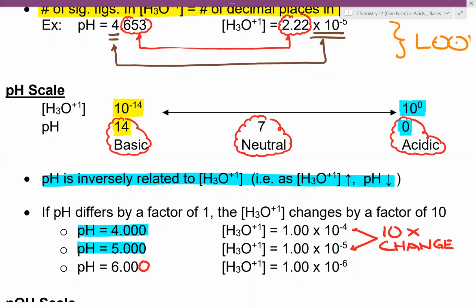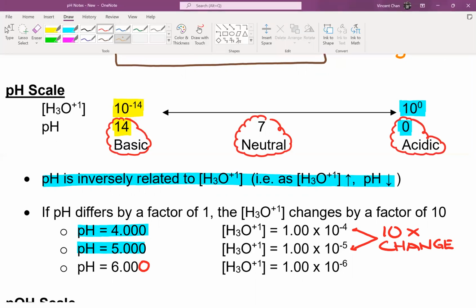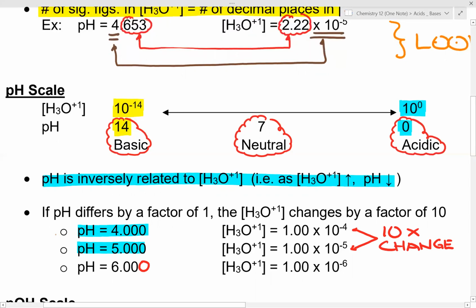Notice if there is a value of 2 difference in the pH, let's say, for example, a pH of 4 to a pH of 6, notice the value of the H3O plus is a 100 times change. Okay. So when you change the pH by a factor of 1, it's a 10 times change. A factor of 2 would be a 100 times change.